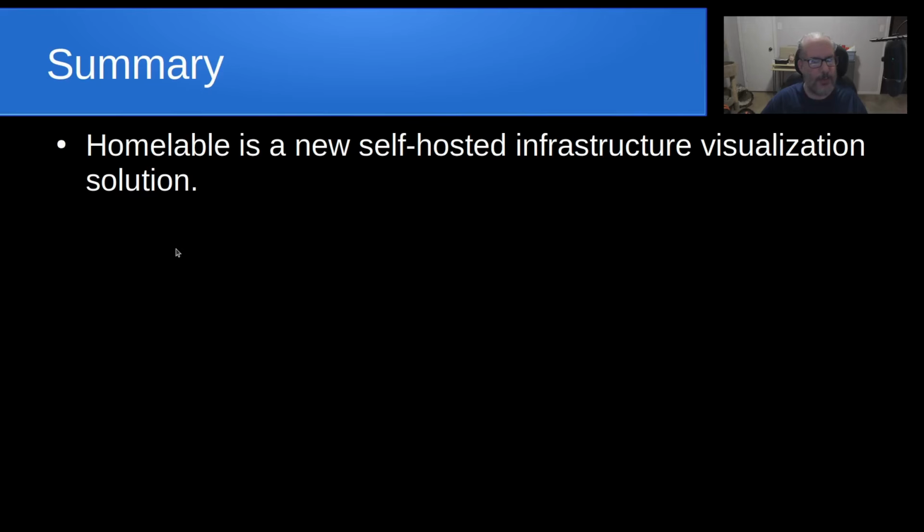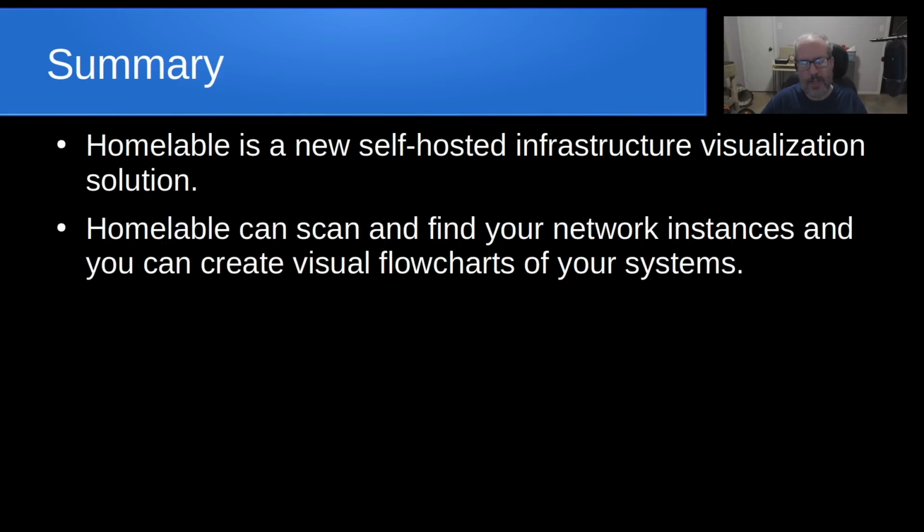It's only been around for a couple of weeks, and I really look forward to the capabilities that this program will have in the future. HomeLabable can scan and find your network instances, and then you can create visual flowcharts of your systems in order to monitor them, or more importantly, to self-document them so you can determine when there are problems, where is everything, and how is it configured.